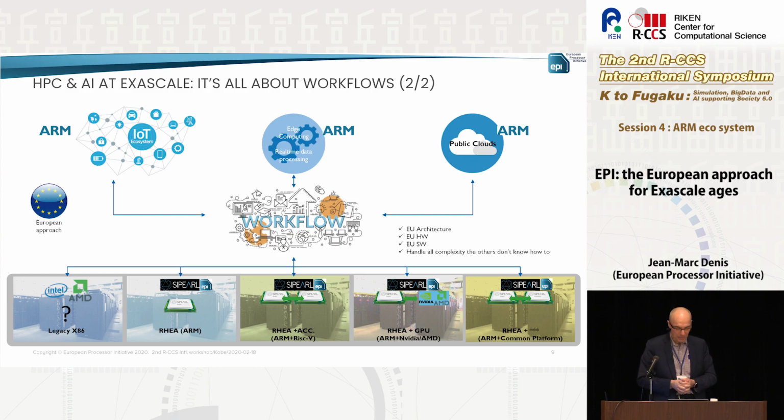So what's going to happen in the future? Workflows, workflows, workflows, and workflows. Because of that, at each and every step of the workflow, you need to specialize the compute engine. This is the only way to get the most optimal performance per watt ratio.